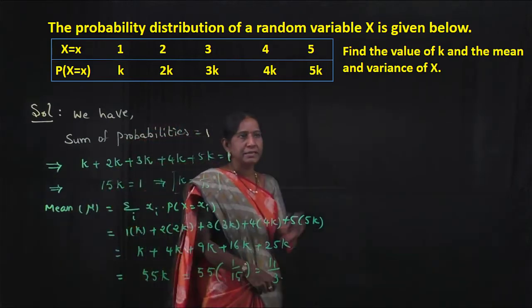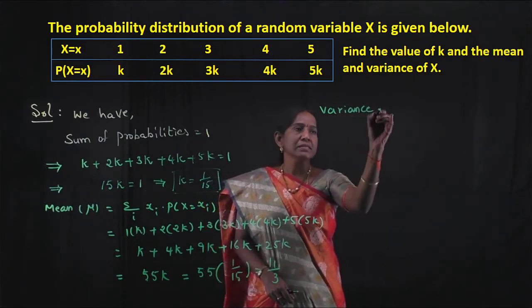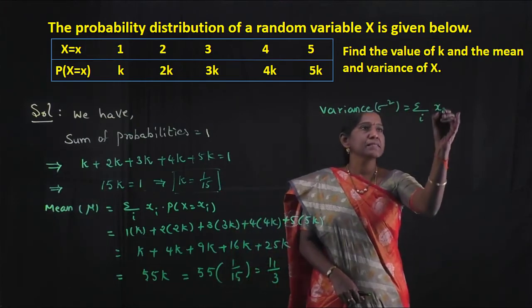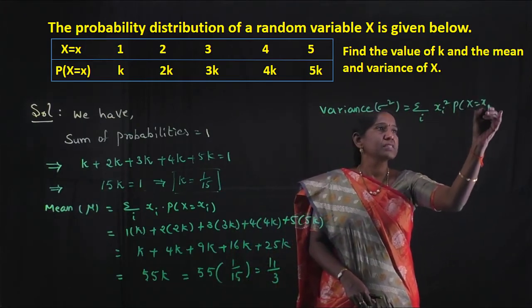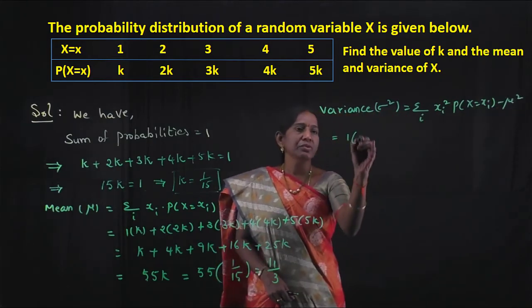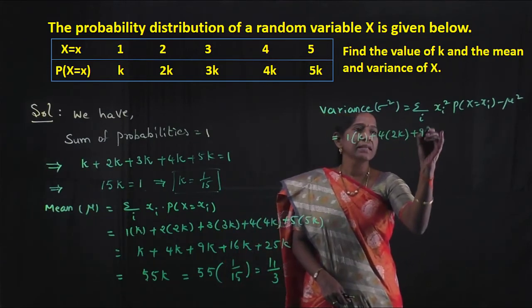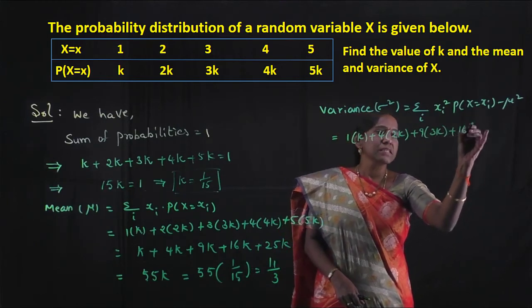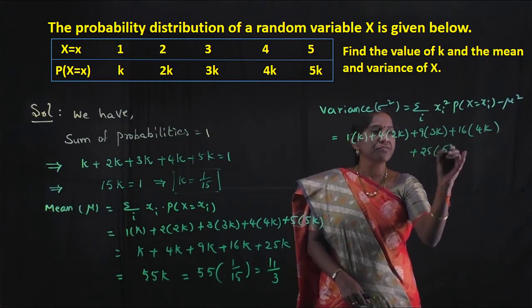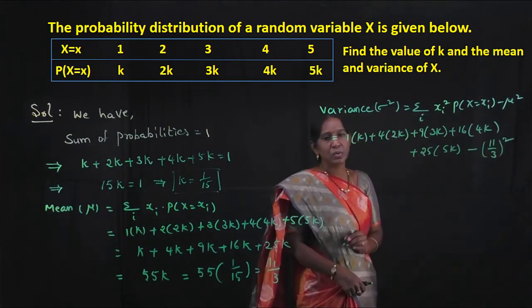Next we have to find the variance sigma square. Variance sigma square is equal to sigma xi square into p of x equal to xi minus mu square. Then this is 1 into k plus 4 into 2k plus 9 into 3k plus 16 into 4k plus 25 into 5k minus mu square, that is 11 by 3 whole square.